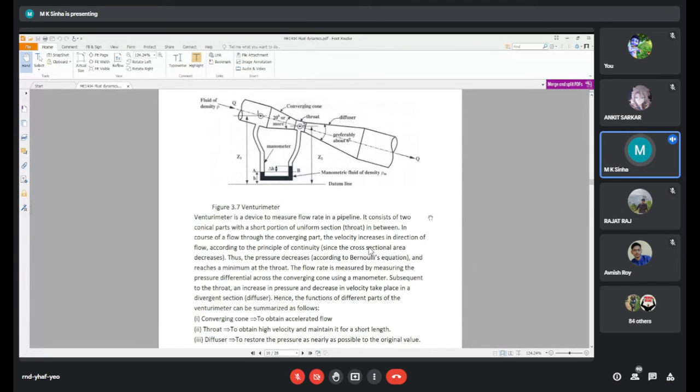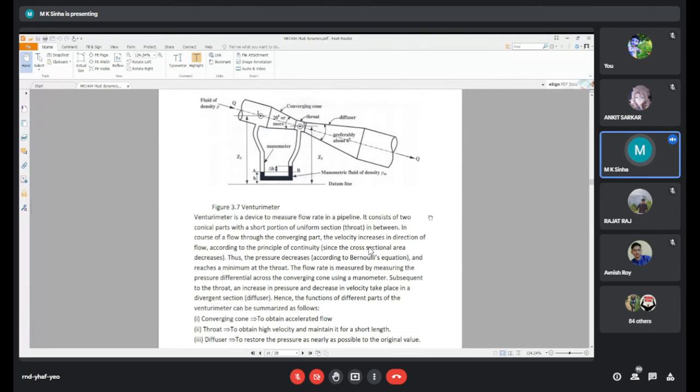Velocity increases in the direction of flow because the area decreases, according to the principle of continuity. So the pressure decreases according to the Bernoulli equation, and reaches a minimum at the throat, the uniform cross section.